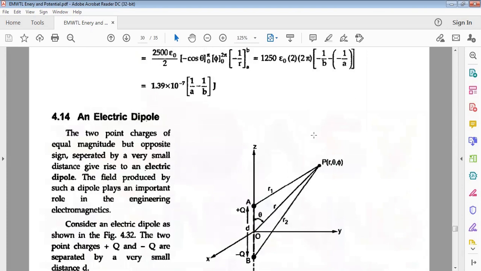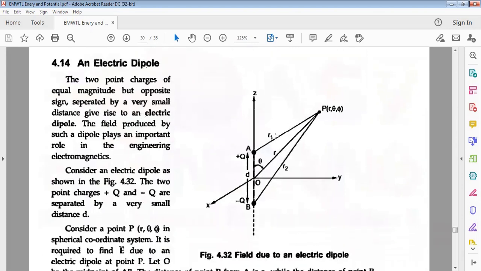An electric dipole. See the diagram here. The field due to an electric dipole, the electric field intensity. Two point charges of equal magnitude but opposite signs.